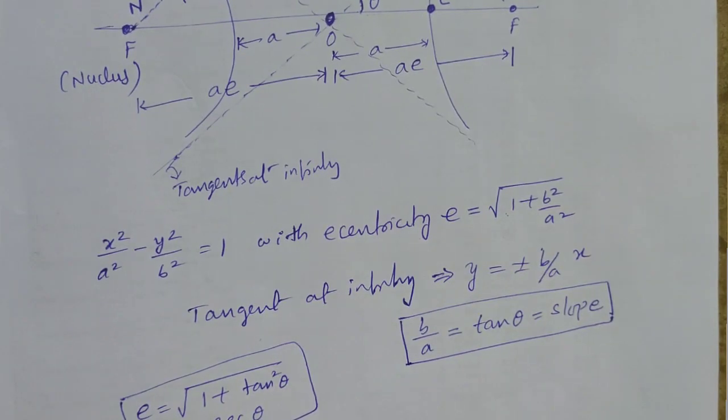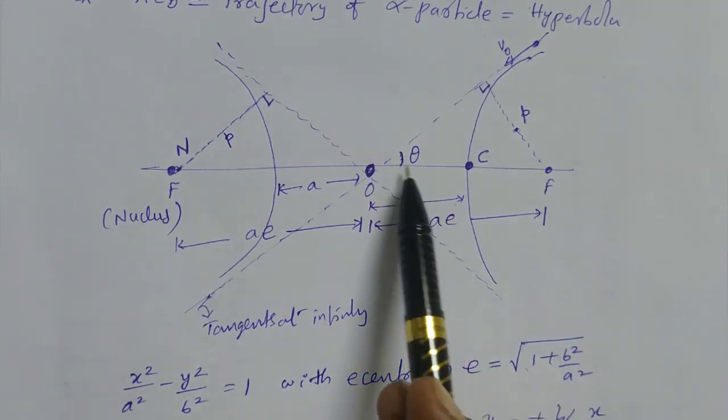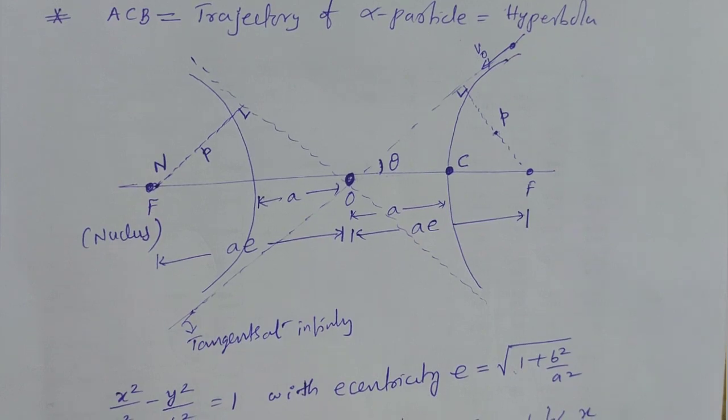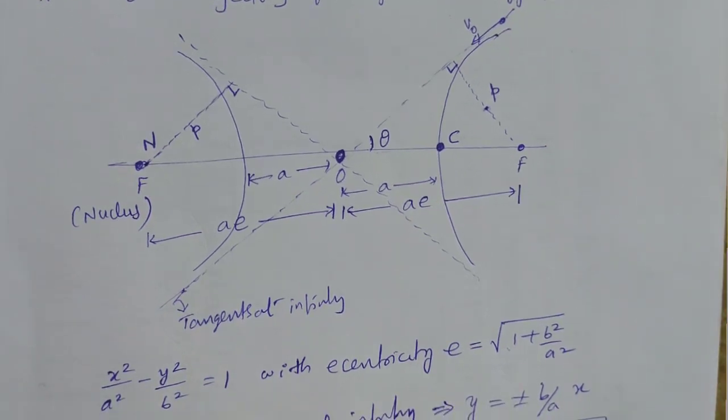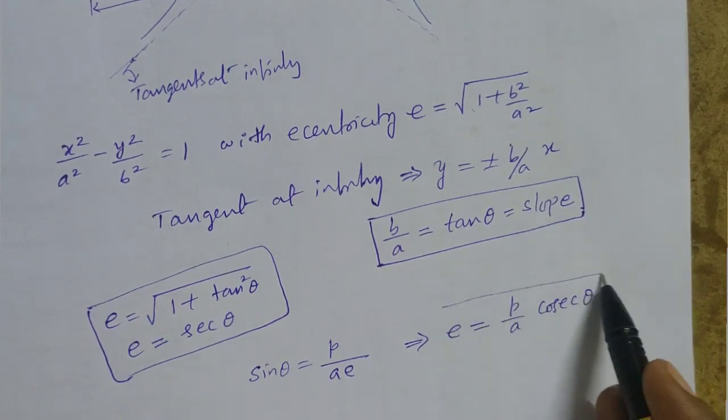You know these things from your 11th or 12th standard conic sections. So sin theta is p by AE, and from here E is equal to p by A, 1 by sin theta, which is cosec theta. So I got the E value.